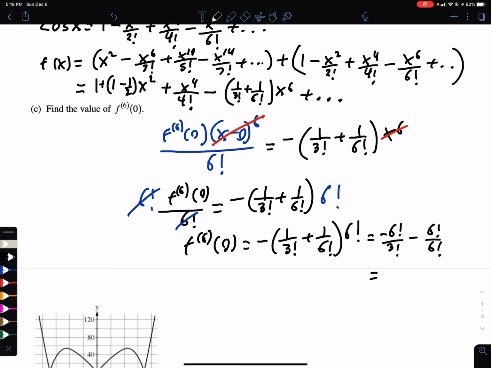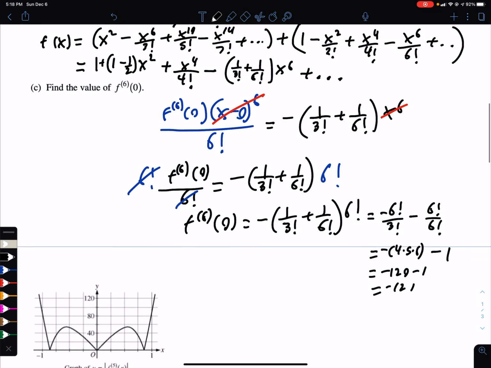And you're going to be left with on top 4 times 5 times 6 minus 1, all over, not over anything. That's it. That's going to be 120, negative 120 minus 1, negative 121. But why do that? That's the right answer, but why would you do that?